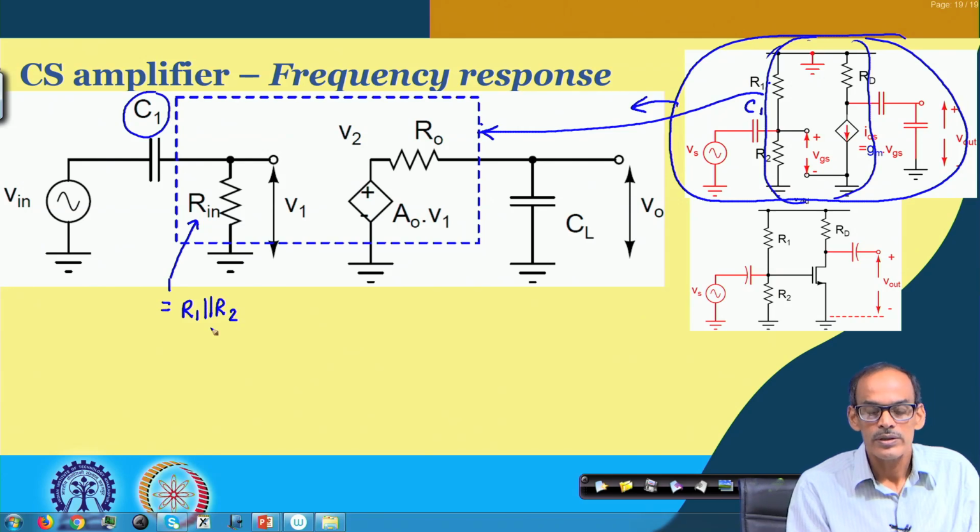and then VGS, which here we are calling V1, and V1 multiplied by AV or A naught gives us the voltage at this point.